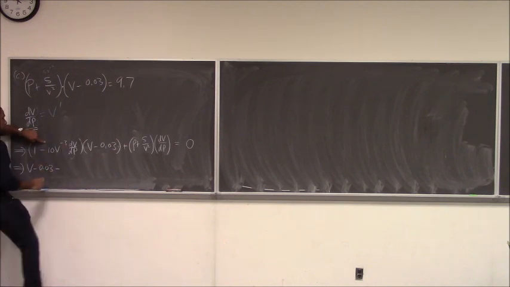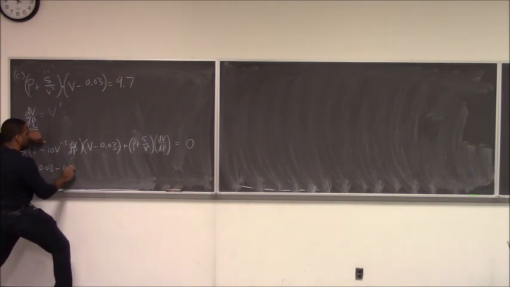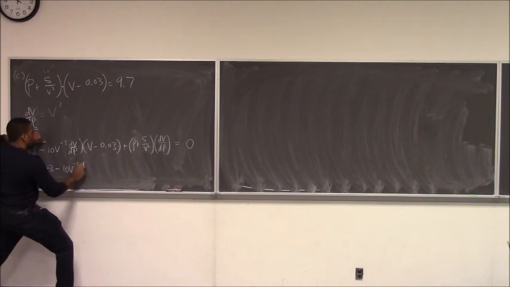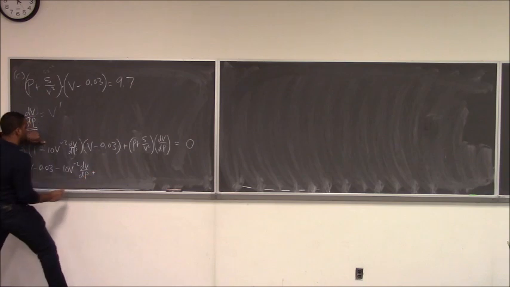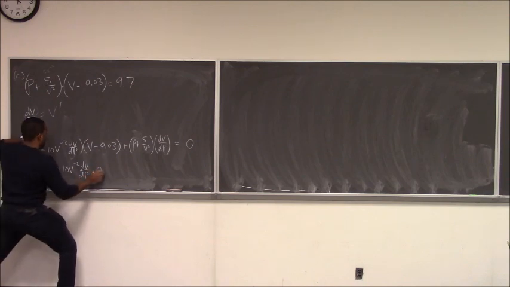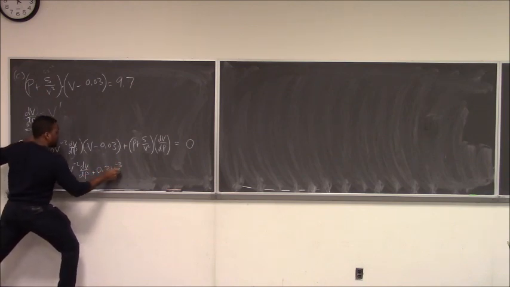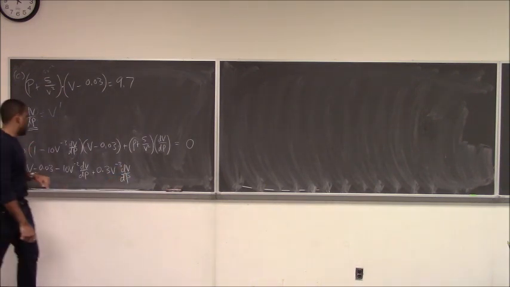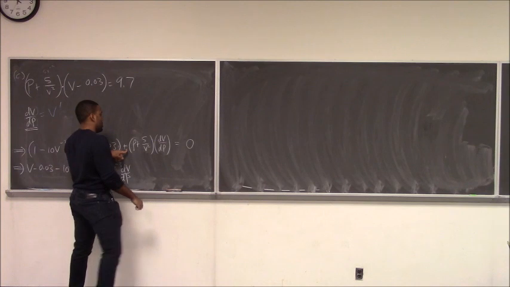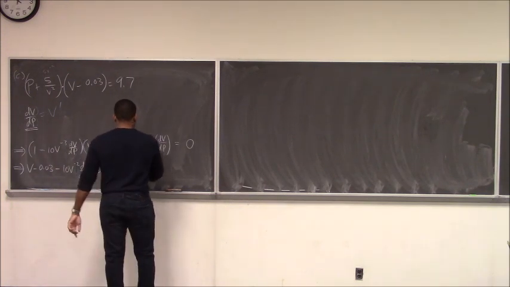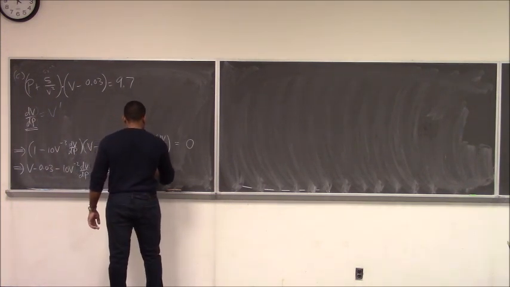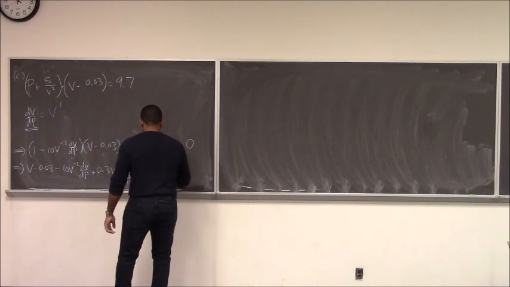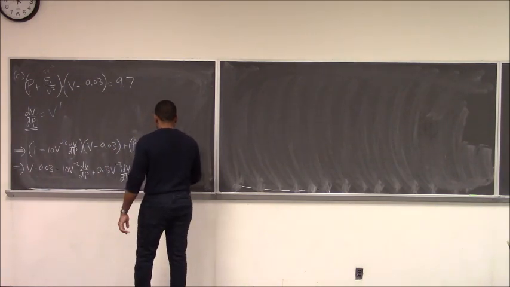This multiply out, I would get minus 10v to the minus 2 dv dp plus 0.3 v to the minus 3 dv dp. Here I would have p plus 5 over v squared dv dp.